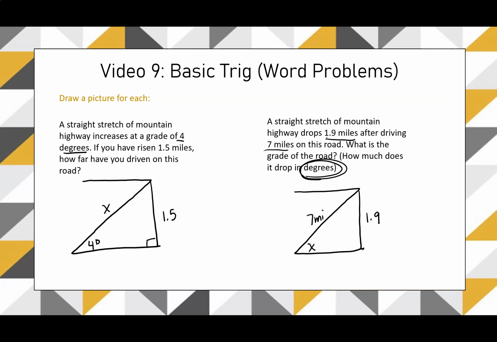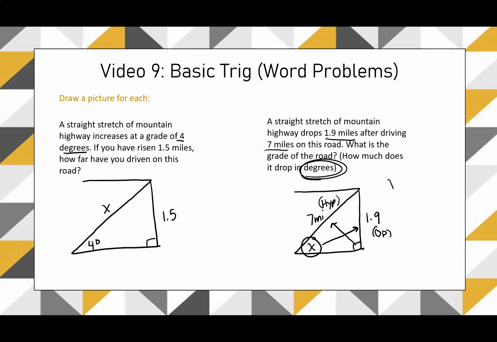So that's the setup. And remember, if you're looking for an angle, you really should be doing inverse trig. So if I wanted to solve this problem, I'd circle this angle. This would be my opposite. And across from the 90 is my hypotenuse. And this would be sine inverse, right? Because I have opposite and hypotenuse.